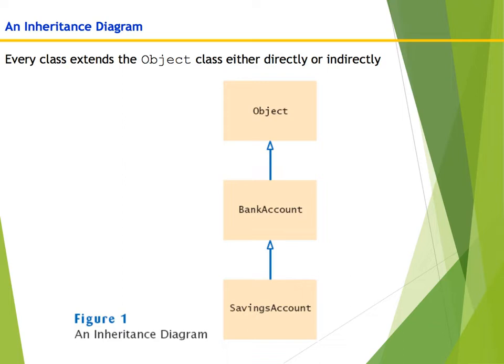And since SavingsAccount is a subclass of BankAccount, we have an arrow from SavingsAccount, the subclass, to the superclass, from the extending class. And then you need to know that every class in Java extends the Object class either directly or indirectly. For example, here, BankAccount extends the Object class by default.